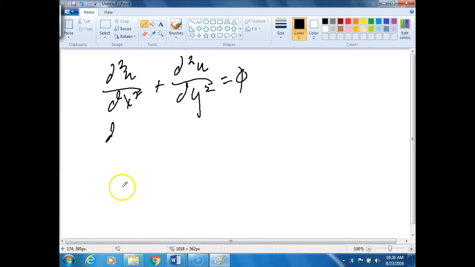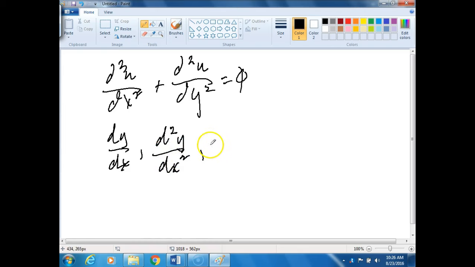Now that I've written them, I can't unwrite them. dy/dx, d2y/dx squared, d3y/dx cubed. That's Leibniz notation.